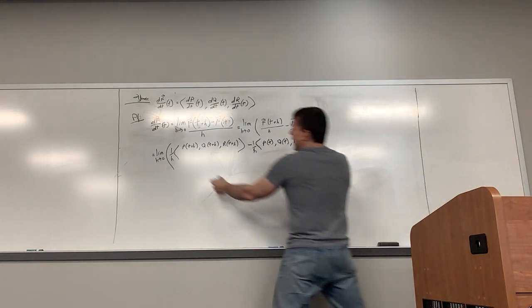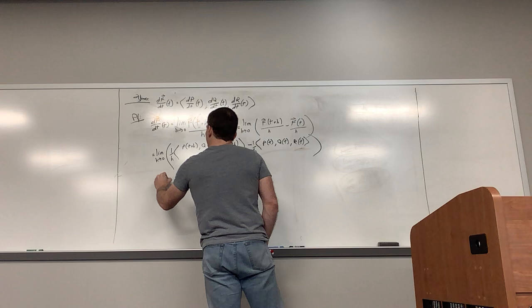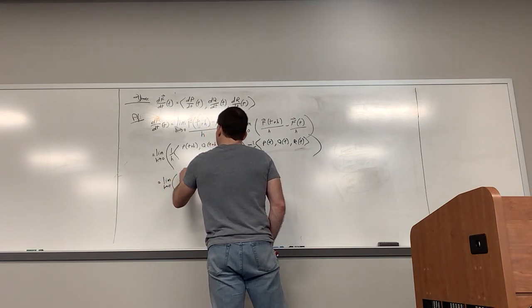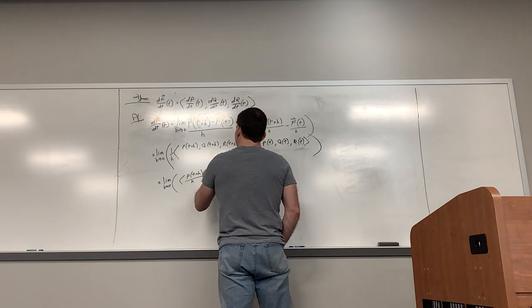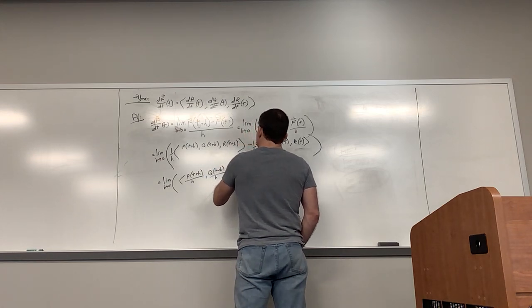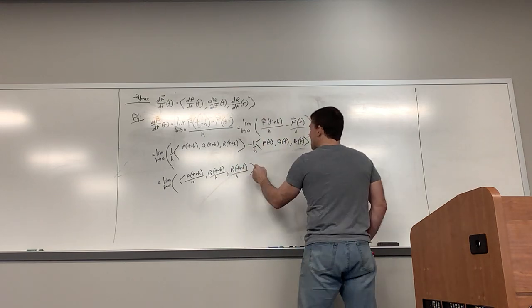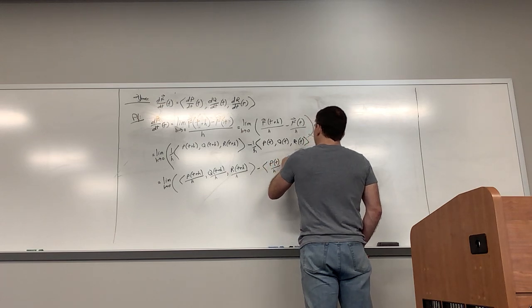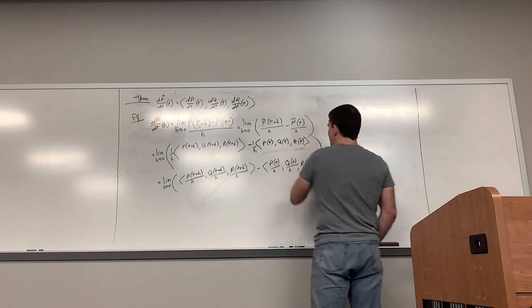But now scalar multiplication says I can bring the 1 over h in and multiply each of the components. So I get the limit as h approaches 0 of p of t plus h over h, q of t plus h over h, r of t plus h over h. Then this is minus, do the same thing, p of t over h, q of t over h, r of t over h.